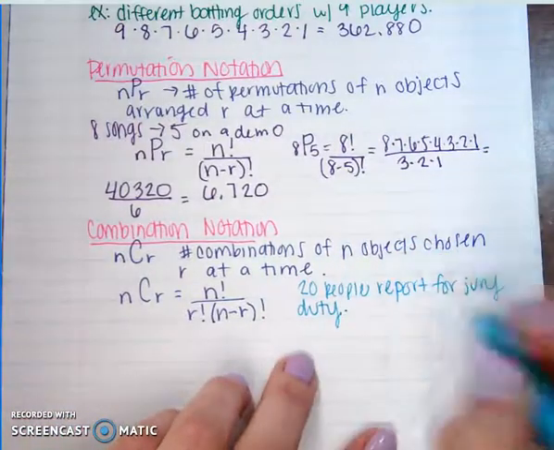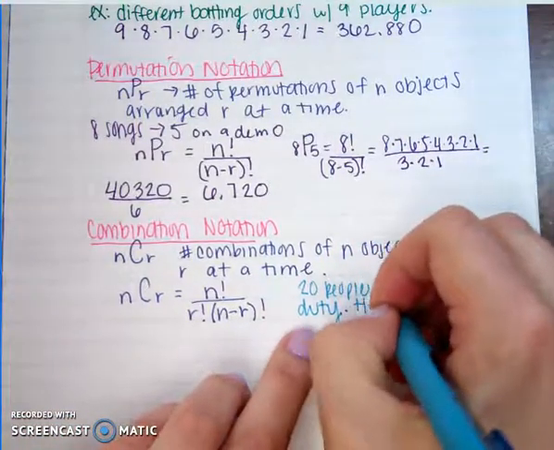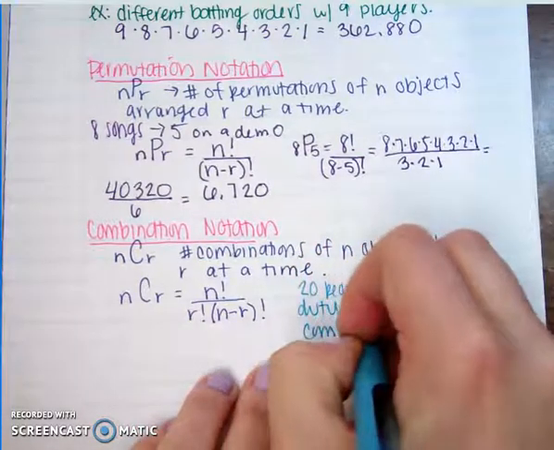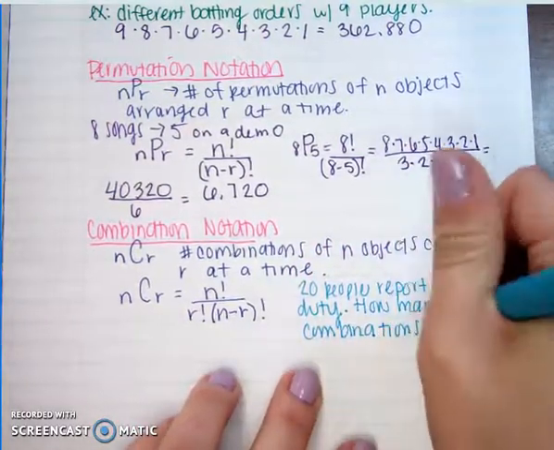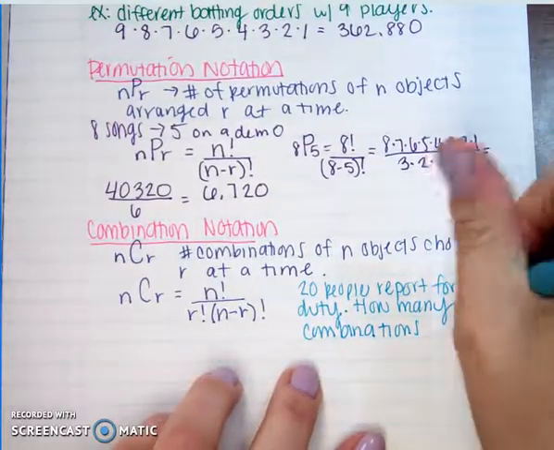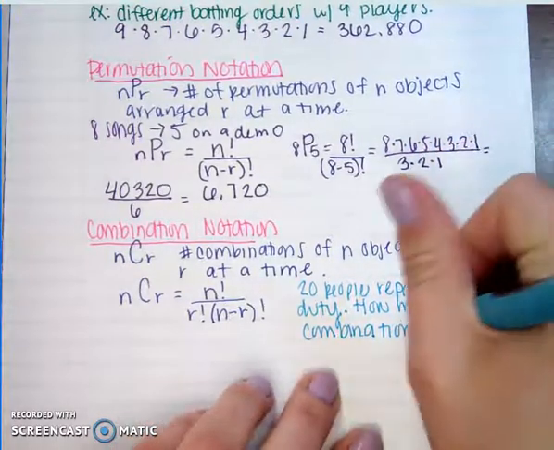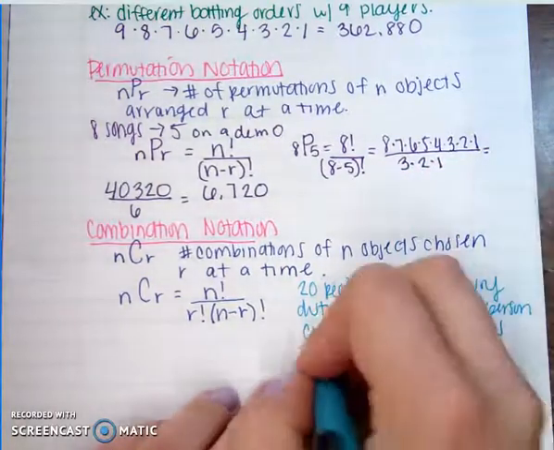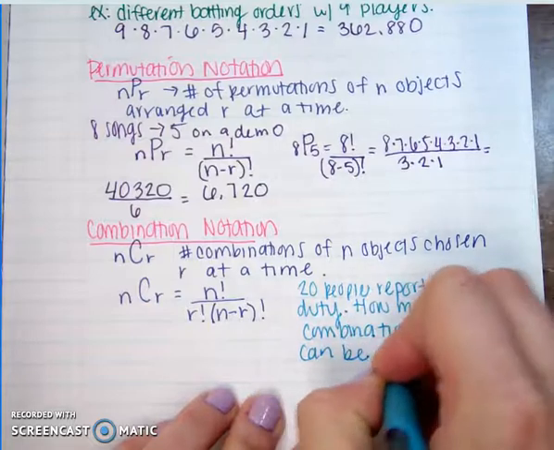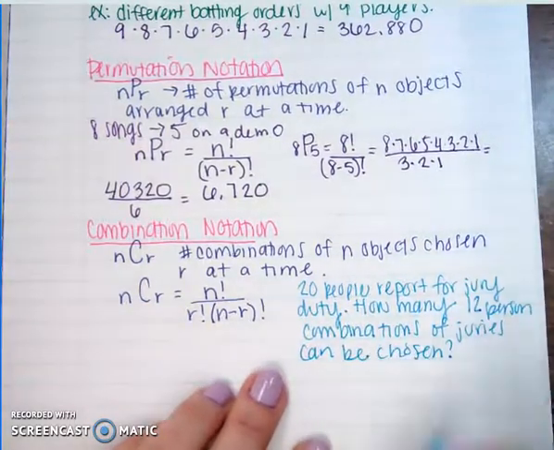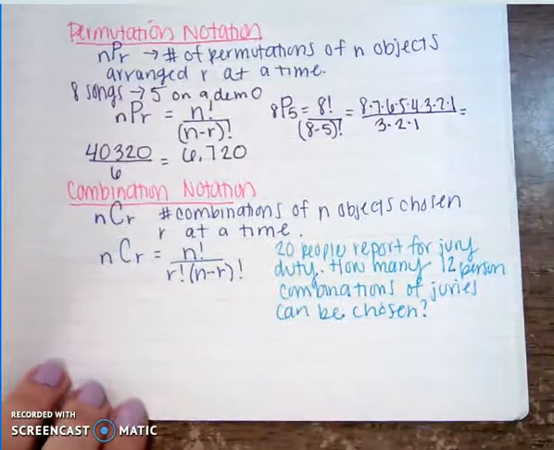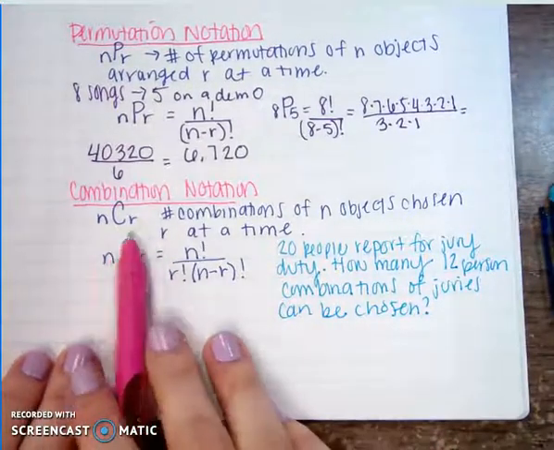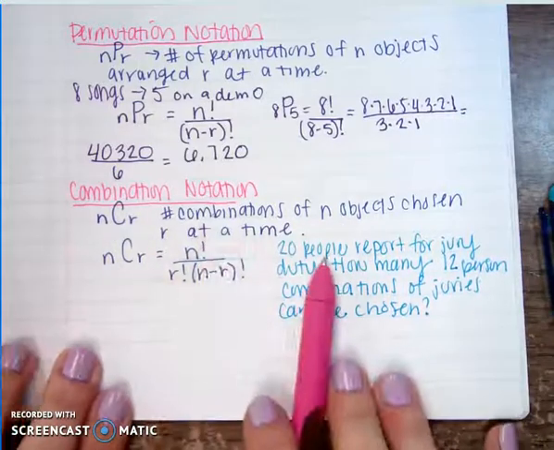And I want to know how many combinations, let's say 12 person combinations of juries can be chosen. Okay. So we have the number of objects. There are 20 people, so that's my n.